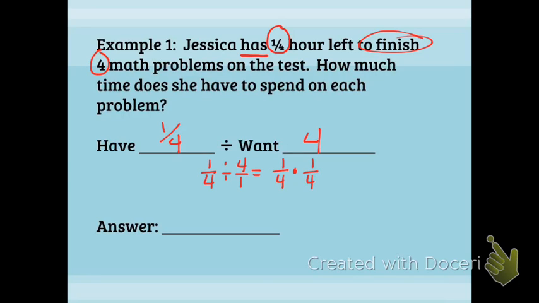The flip is the reciprocal. Okay, good. So now we have 1/4 times 1/4, so that's 1/16. Her answer is 1/16. And 1/16 of what? An hour. Good. It's 1/16 of an hour because it says how much time does she have to spend.